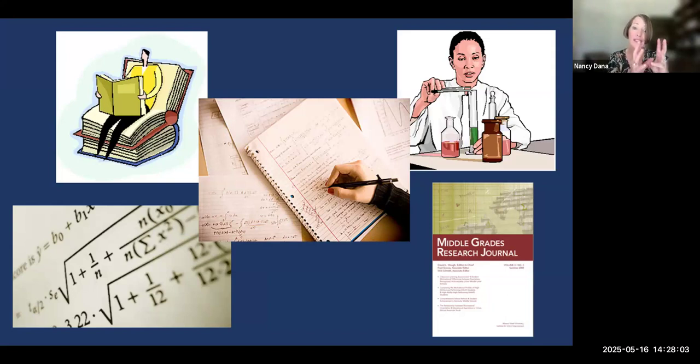Another image, you kind of see a formula on this slide, a mathematics formula. Another image that often comes to mind when we think of the word research is statistics and crunching numbers. And that isn't something that many teachers love and embrace. A third image that might come to your mind is just lots of hours, filling up notebook after notebook of copious notes that you take as you engage in the research process.